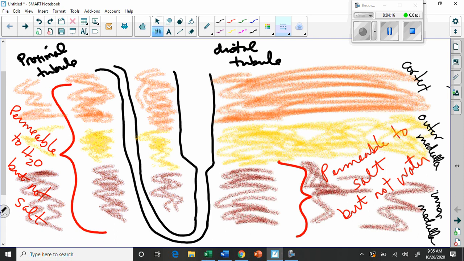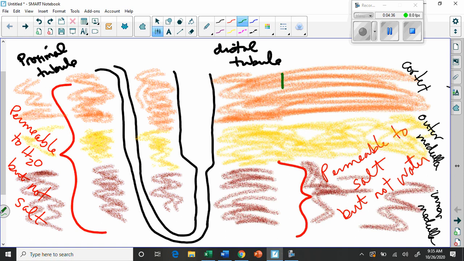What was important is the way the concentration changes. The concentrations in the tissues increase as you go down, increasing concentration. Let's put that somewhere on our little list here. I'll put it in a nice green color.